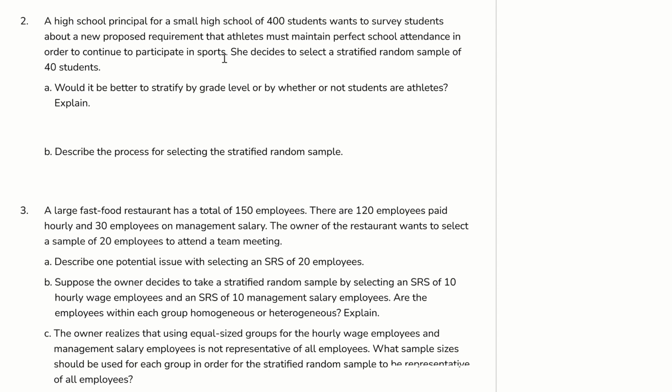So obviously, this involves athletes, and so it would probably be better to just break it up by whether or not they're athletes. So you have the athletes being surveyed, and then you have the non-athletes being surveyed on it. That way, you can see a distinct difference between the strata, and you can also have representation from both groups because you're selecting from both groups.